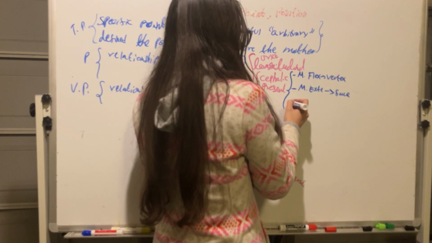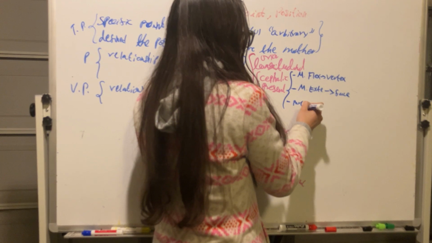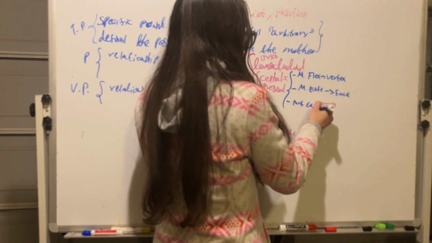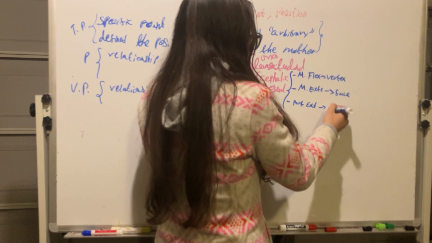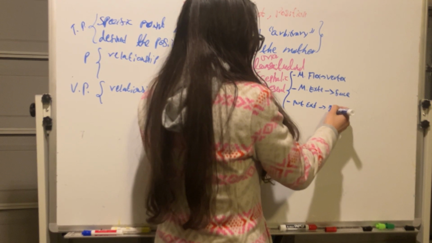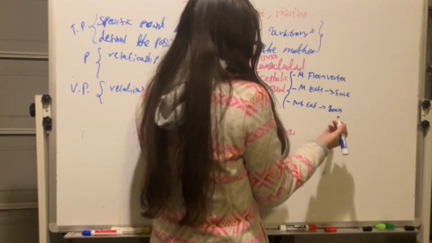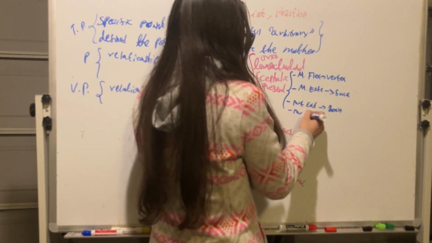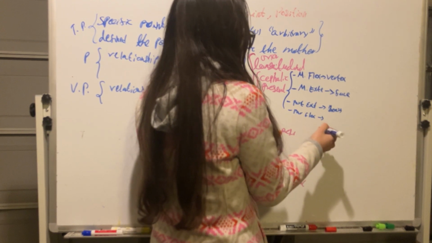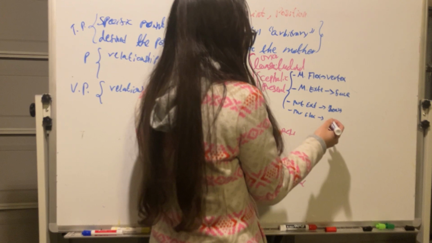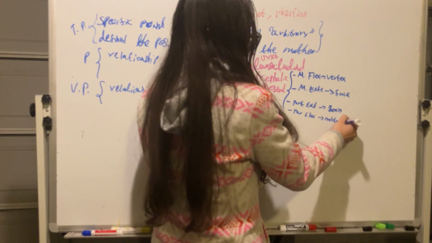We have partial extension of the neck, this is the brow presentation. And we have partial flexion, which is the military or bregma presentation.